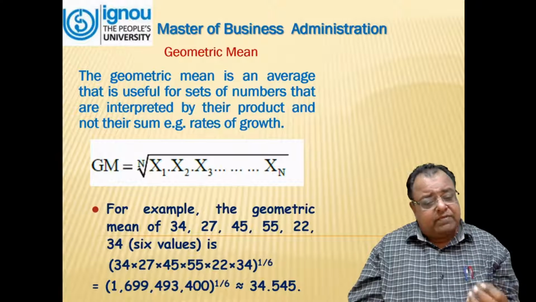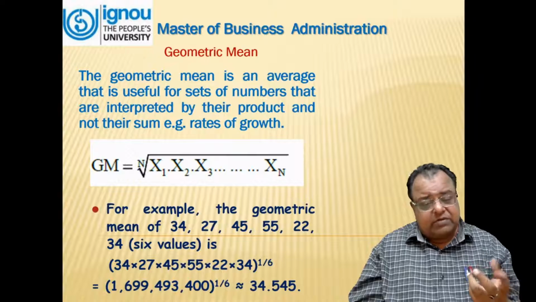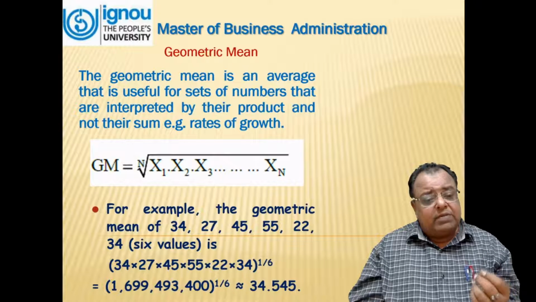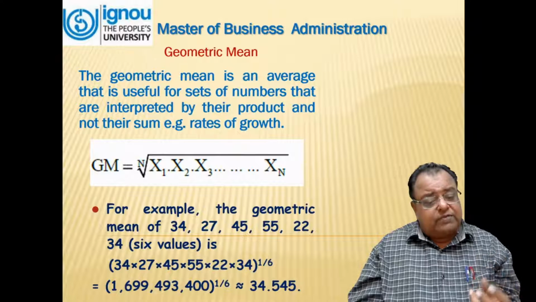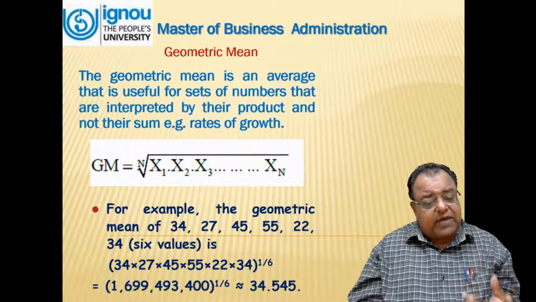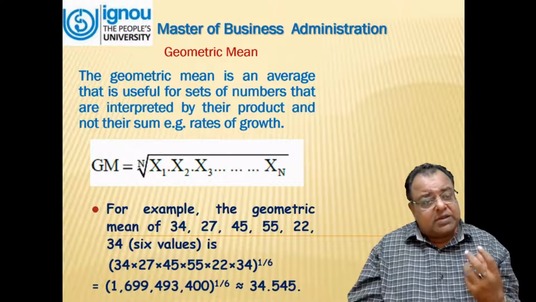If we have 6 observations, like 34, 27, 45, 55, 25, and 34, we calculate the 6th root of the product of all these numbers, that is, the product of 34, 27, 45, 55, 25, and 34 raised to 1/6.